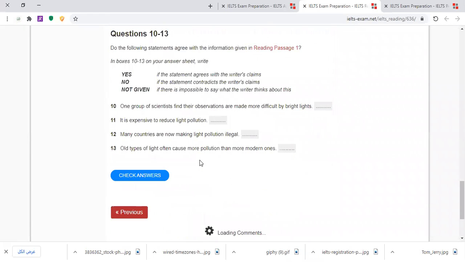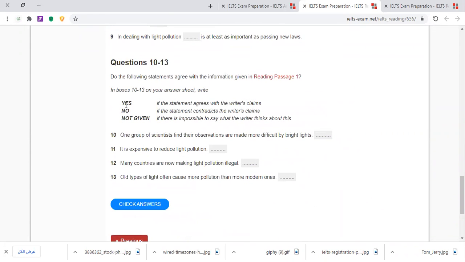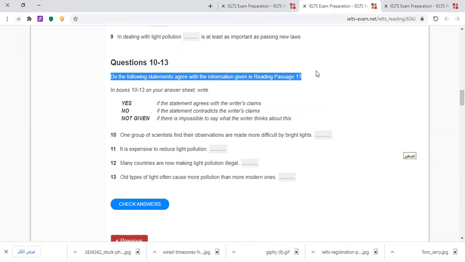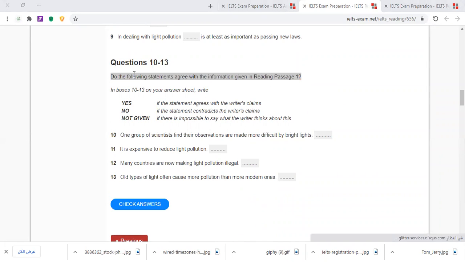And the last question, you just have to do what? The last question, can you read it, please? Afnan? Yes, teacher. Just read the question, please.